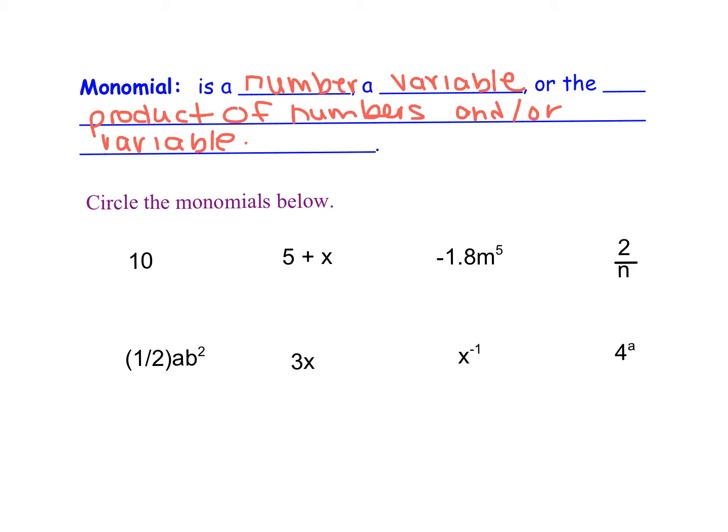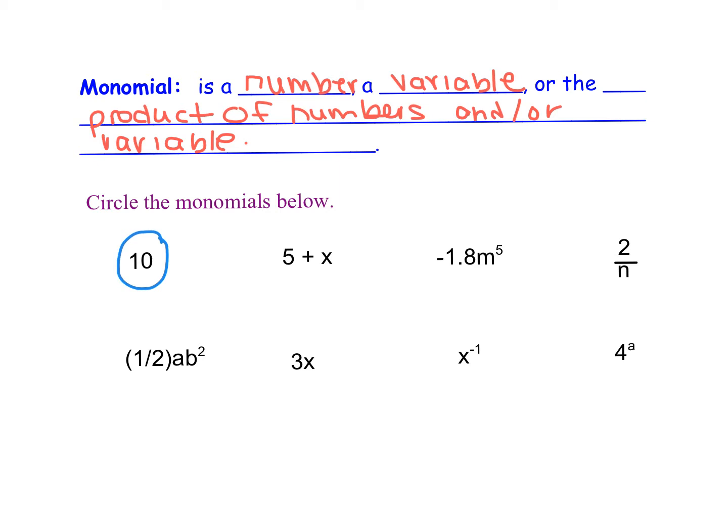So the first one here, we see 10. And we see in our definition that a monomial is a number, a variable, or the product of numbers and variables together. Well, if we look carefully here, what we notice is that 10 is a number. So 10, yes, is a monomial. Then if we look at the second one here, we see 5 plus x.